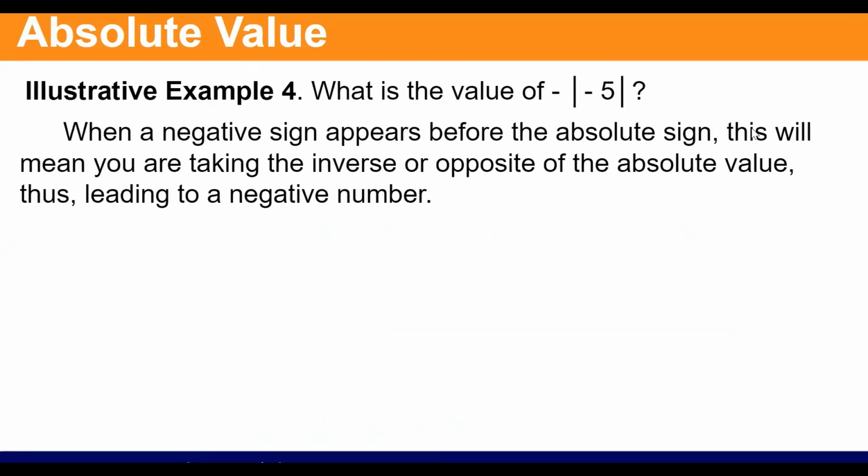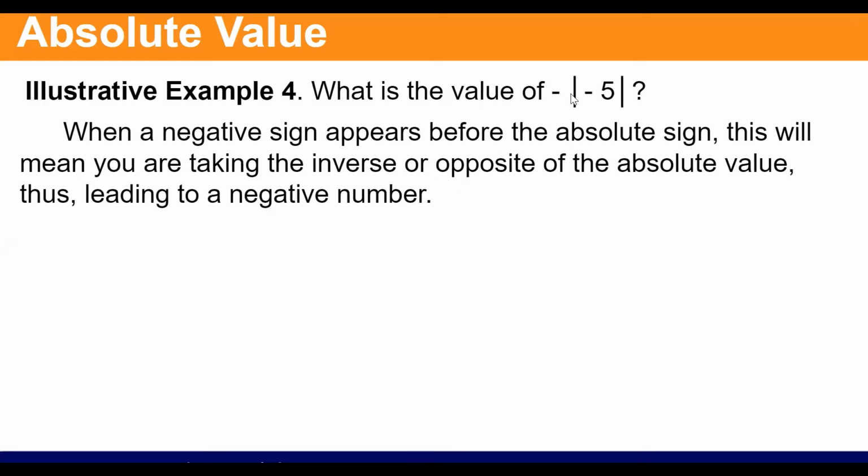Let us have illustrative example 4. What is the value of negative absolute value of -5? When a negative sign appears before the absolute value sign, it means you are taking the inverse or opposite of the absolute value, thus leading to a negative number.